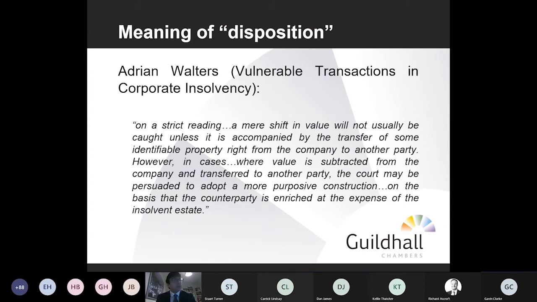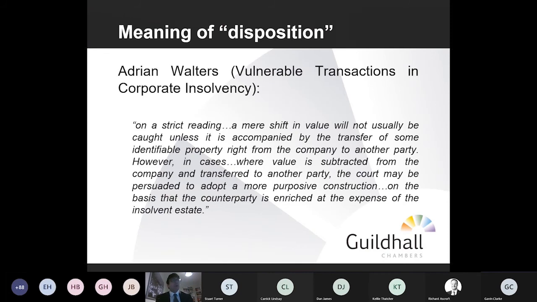And he noted within that, the book itself is called Armour and Bennett, and Adrian Walters, who edited the relevant chapter, noted that on a strict reading of the word disposition, a mere shift in value will not usually be caught unless it's accompanied by the transfer of some identifiable property right from the company to another party.